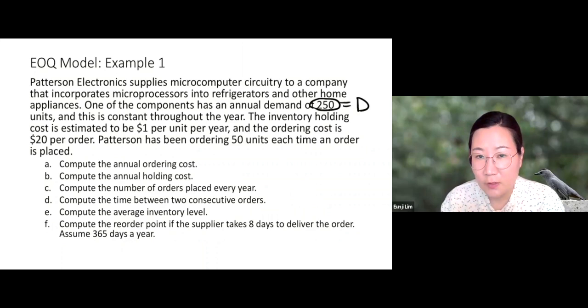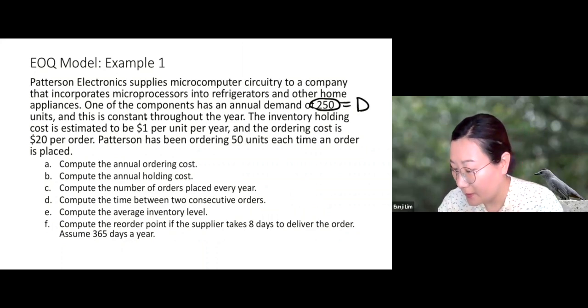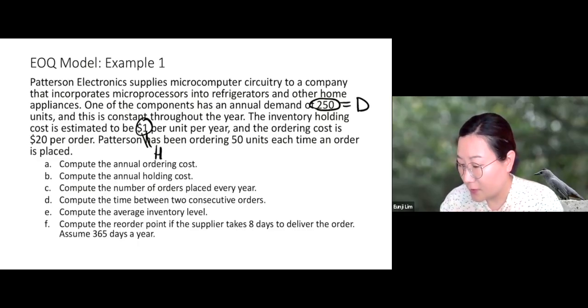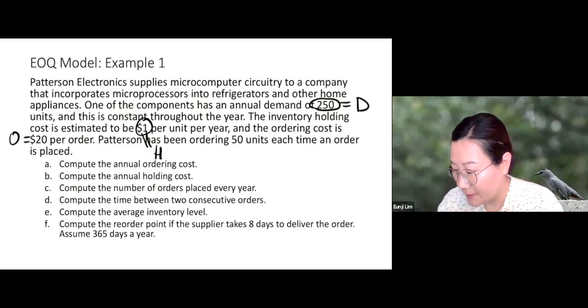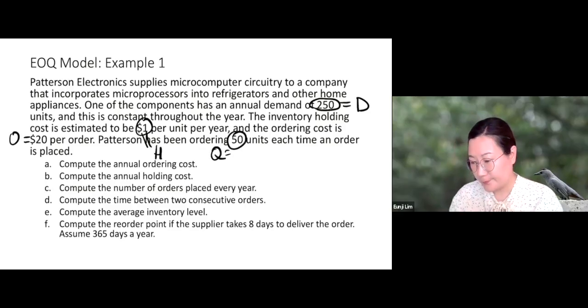The inventory holding cost is estimated to be $1 per unit per year. So this is H. And the ordering cost is $20 per year. This is O. Patterson has been ordering 50 units each time an order is placed. So this is the order quantity Q. Number A, compute the annual ordering cost.